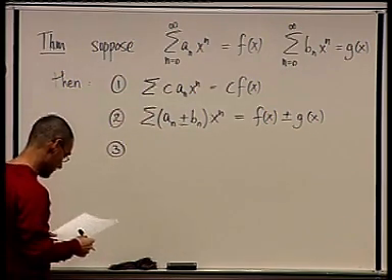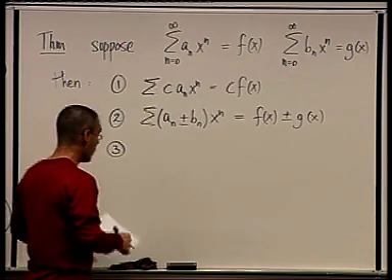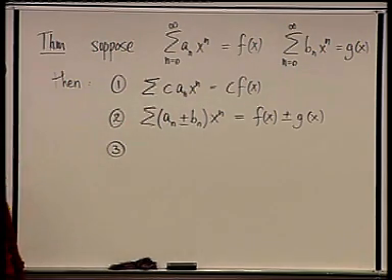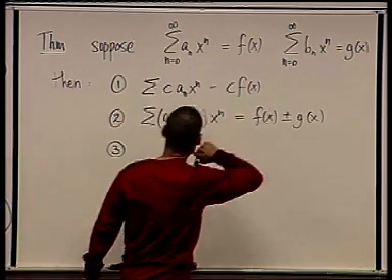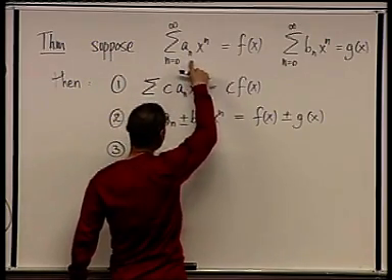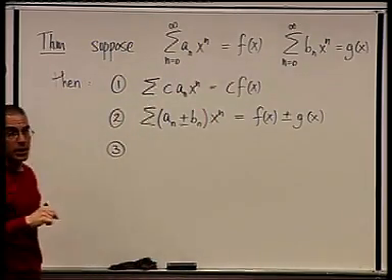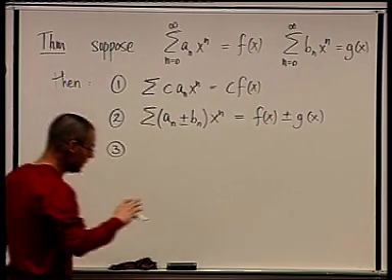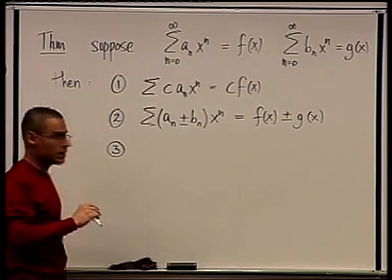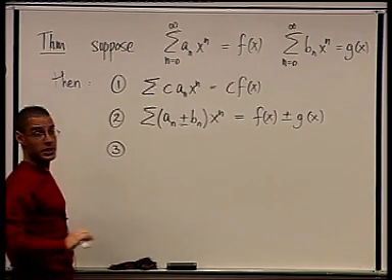Three. What about f times g? Non-zero. What about f times g? Is it true that sigma an bn x to the n converges to f times g? So the answer is that would not be reasonable. Okay? Let's do a little side calculation here and try to decipher what I want to write here.